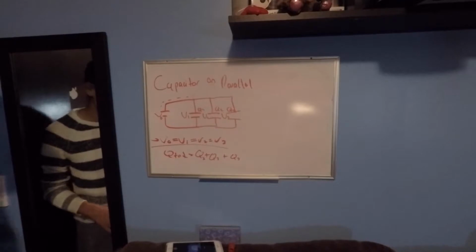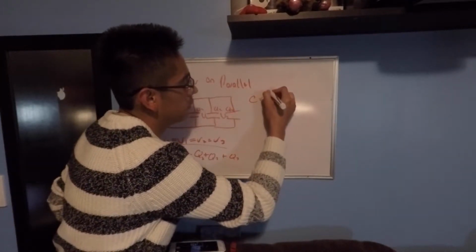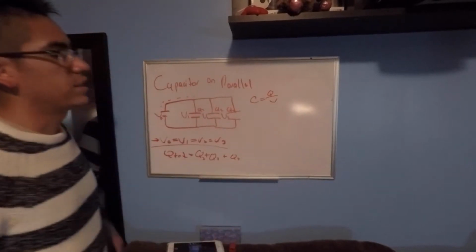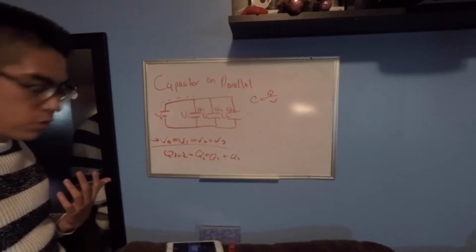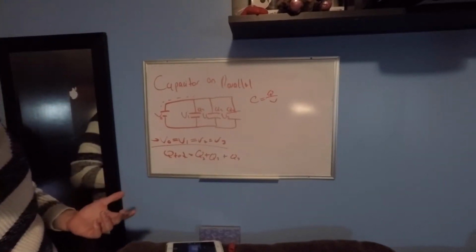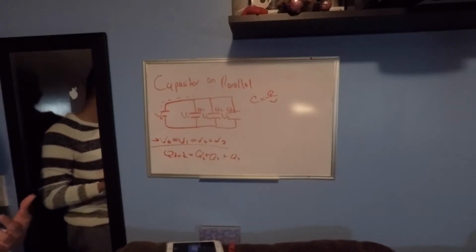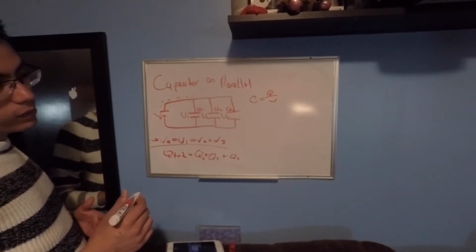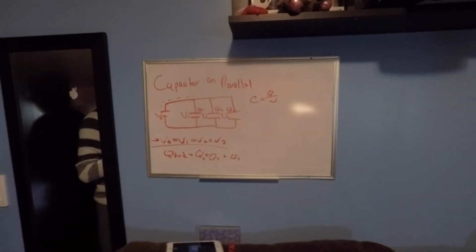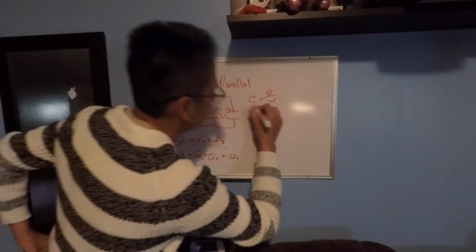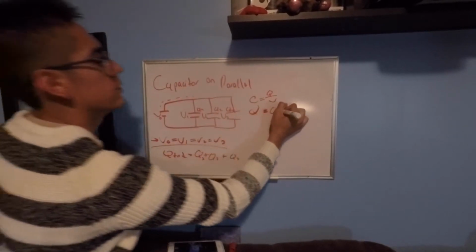So if we know capacitance is equal to charge over voltage, then what is happening with the charge? Charge is equal to C times V.